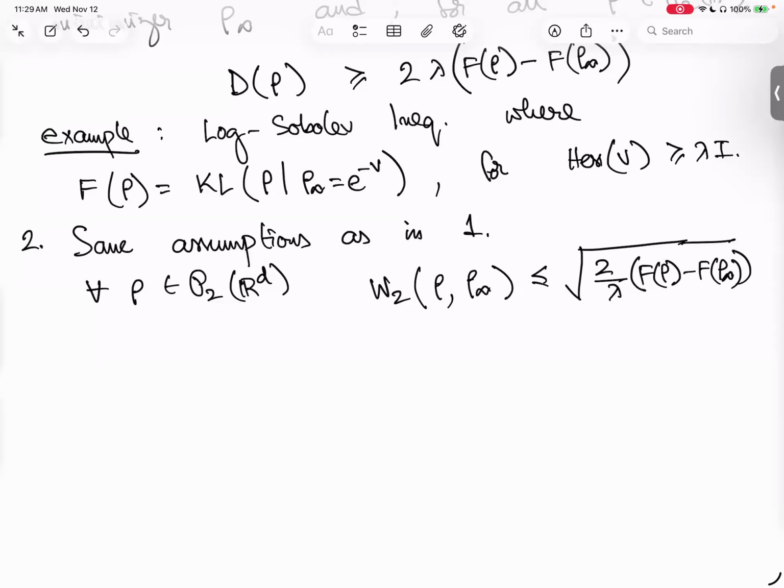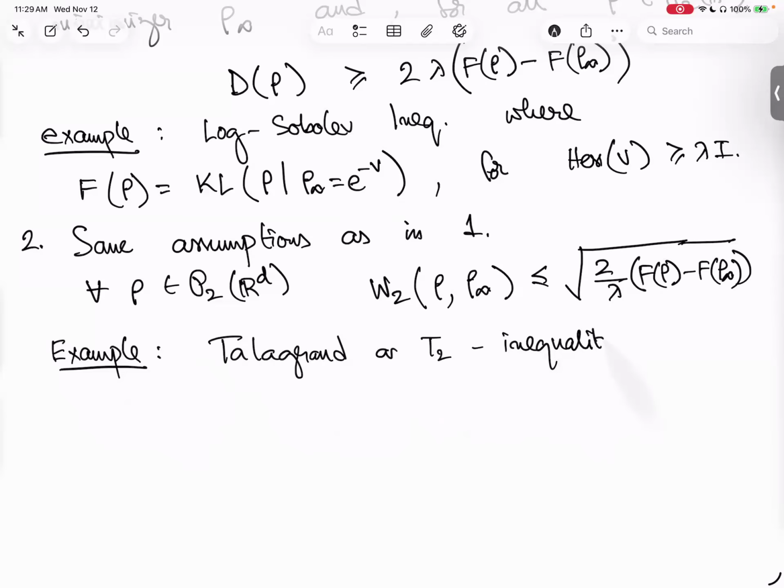So an example is another famous inequality called the Talagrand or T2 inequality. Again, same idea, where f of rho is the Kullback-Leibler of rho from rho infinity, which is e to the power minus V. Look at what this inequality is saying.